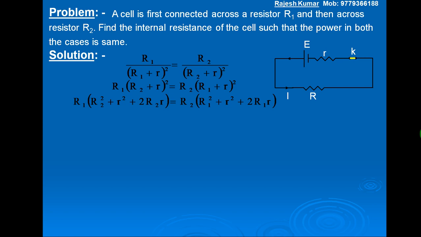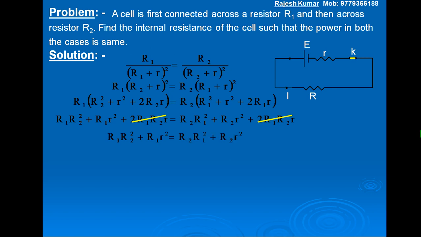Now again open the bracket, so we get R1 R2 square plus R1 r square plus 2 R1 R2 r is equal to R2 R1 square plus R2 r square plus 2 R1 R2 r. Now on both sides, 2 R1 R2 r cancel each other. So we get R1 R2 square plus R1 r square is equal to R2 R1 square plus R2 r square.